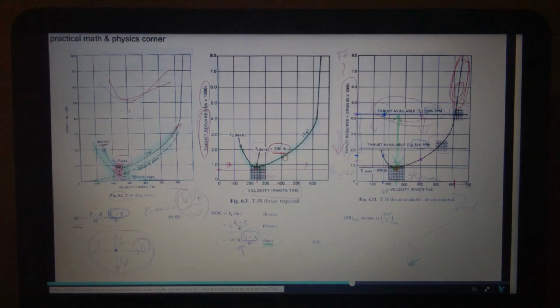So the minimum drag point is also the minimum thrust required point, which means if I don't need a whole lot of thrust, I also don't have a whole lot of fuel flow. For anything endurance, we want to keep the fuel flow as low as possible. So the minimum drag point is also our best endurance speed point for all practical purposes, and again it has the speed associated on the bottom.